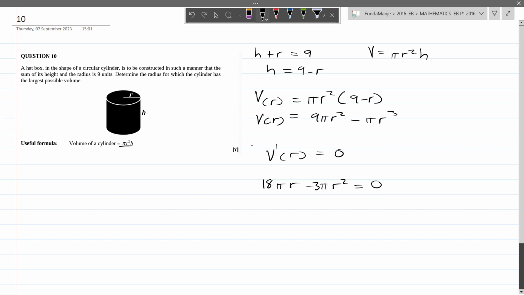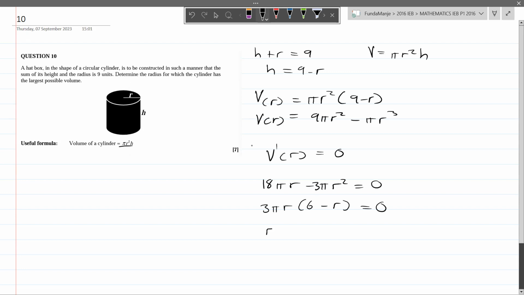And then from this, we can simply factor out 3 pi r from each part. So 3 pi r from this would be 6, and then from this it would be minus r, equals 0.